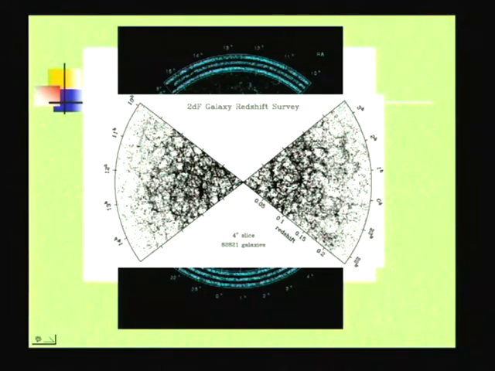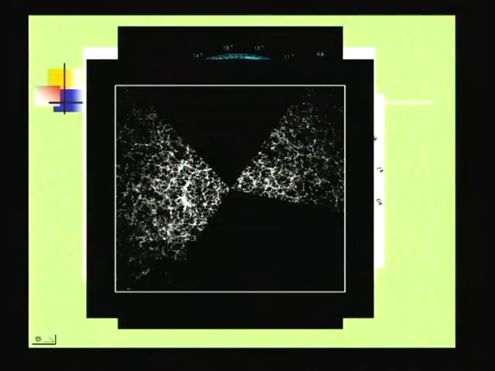The question that we are interested in is: is this homogeneous on certain sufficiently large scales? This shows you another redshift survey, the Sloan Digital Sky Survey. It has measured the redshifts of a million galaxies, and it is truly 3-dimensional in nature.